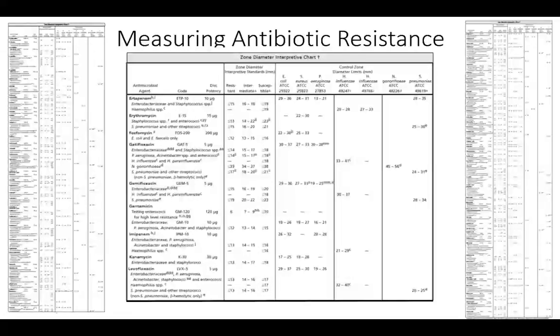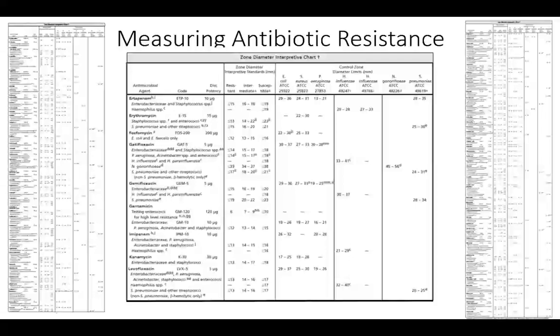But if you look at something like imipenem, it's resistant at 15 millimeters and it's susceptible at 19 millimeters. So it starts its susceptibility at 19, whereas this guy starts its resistance at 19.